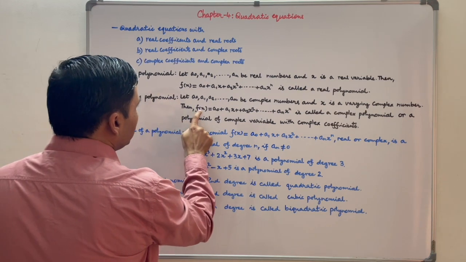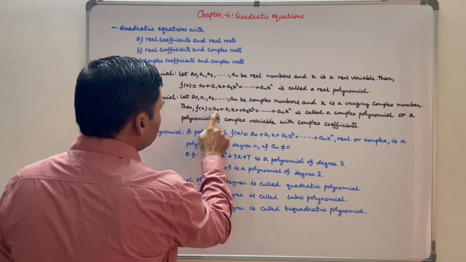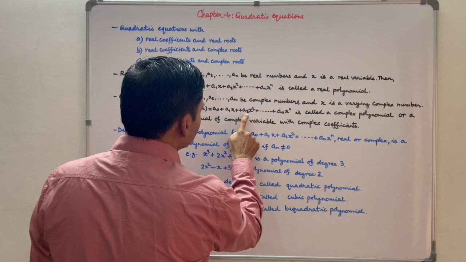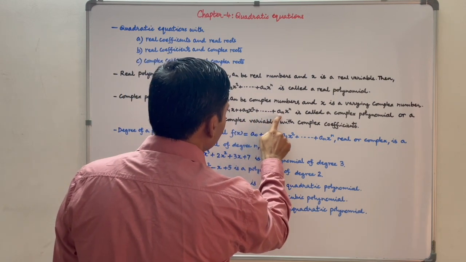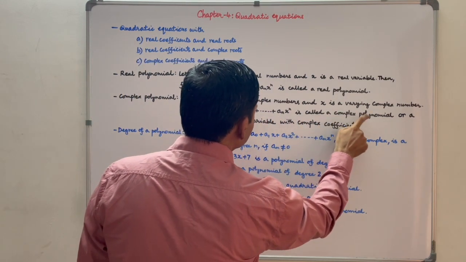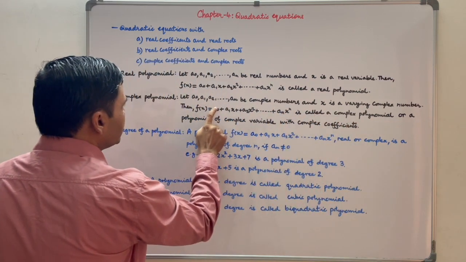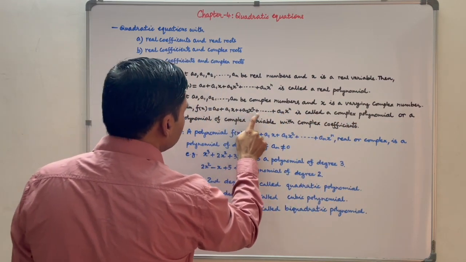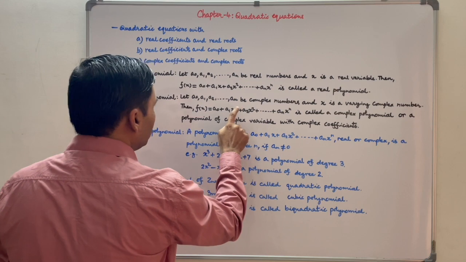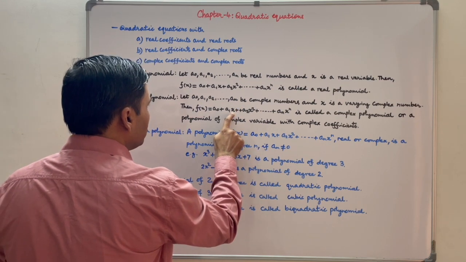Similarly, a polynomial given by f(x) = a0 + a1x + a2x² + and so on up to anx^n is called a complex polynomial if its coefficients a0, a1, a2 and so on up to an as well as variable x both are complex numbers.